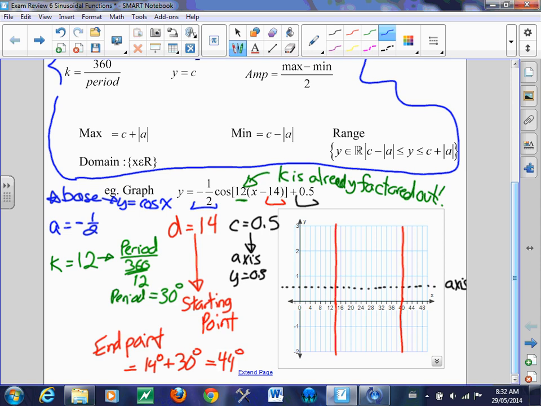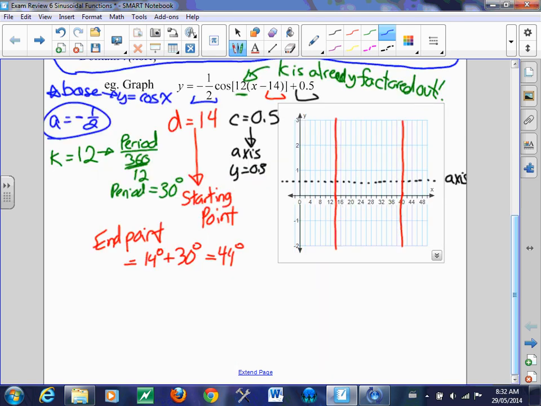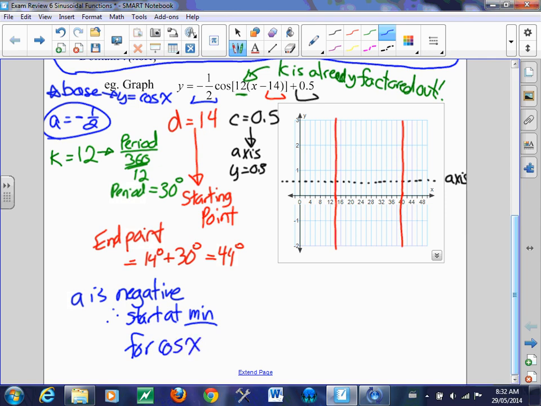The base is y equals cos x, but a is negative a half. So the negative tells us two things. A is negative, which means instead of when you have y equals cos x, you start at your max, you're going to start at min for cos x, because it is reflected, right?